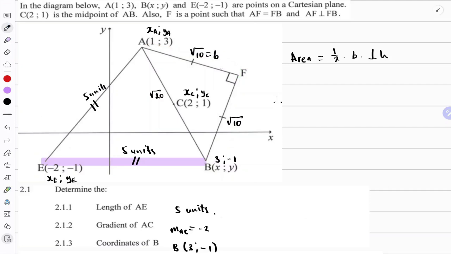So we can just substitute. It is half times the base, which is the square root of 10, times the square root of 10, which is equal to half times 10, and half of 10 is 5 units squared.